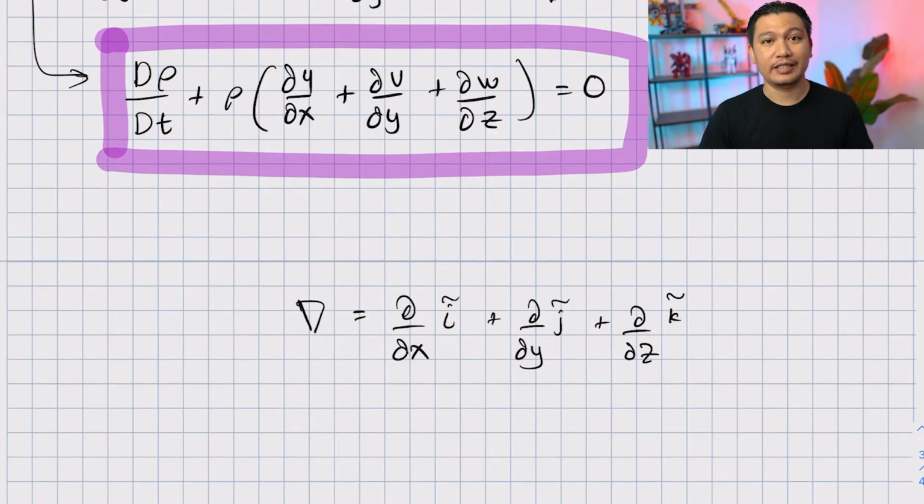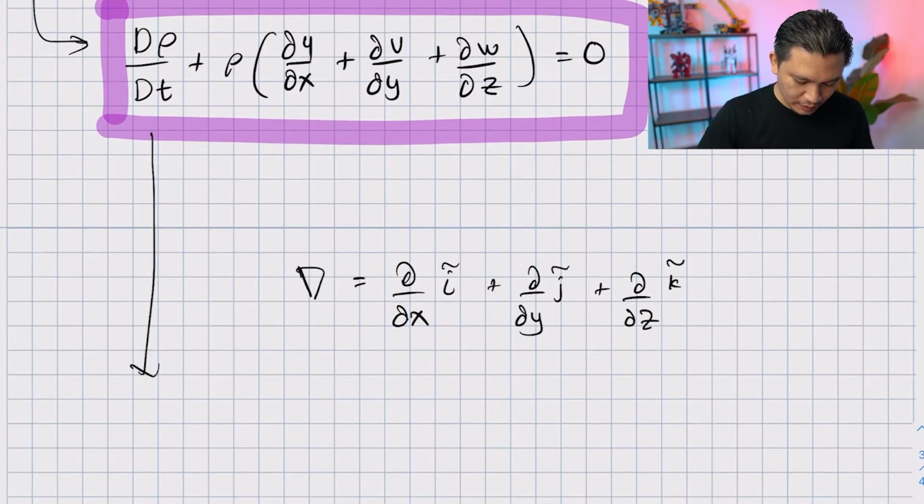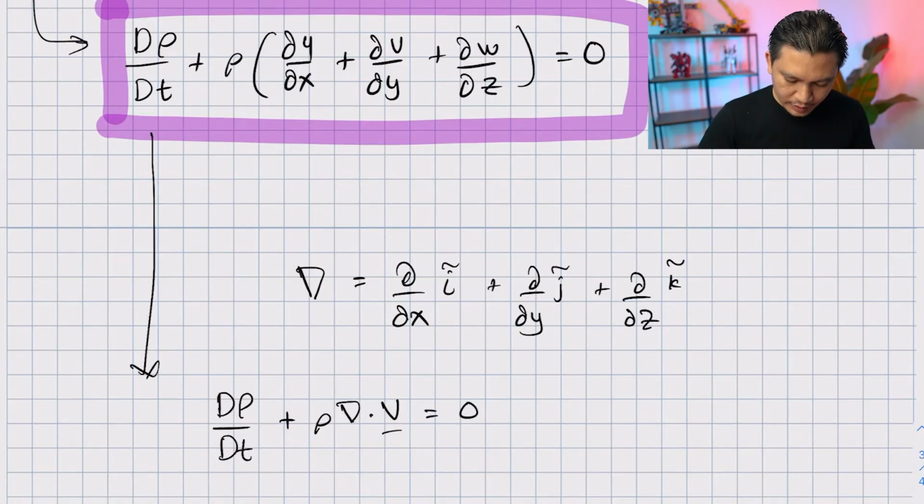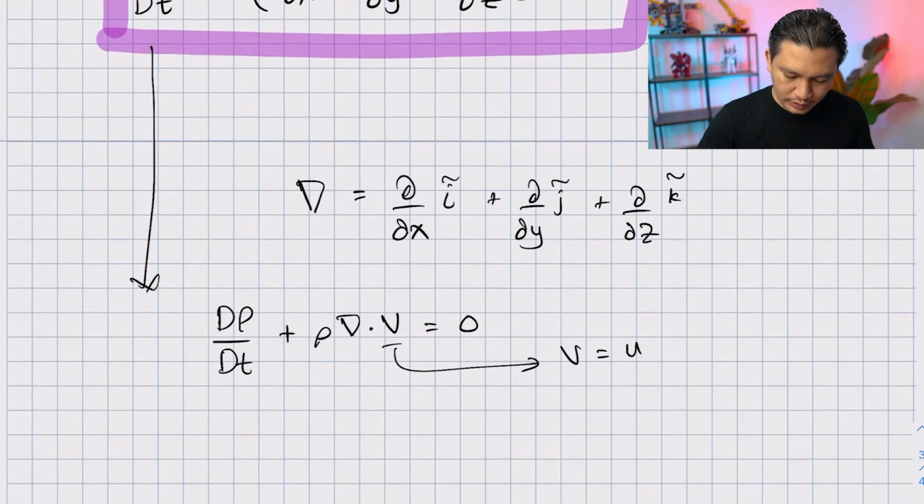So ijk, this is the vector form. Okay, and we can simplify this by writing D rho over Dt plus rho times del dot v equal to 0. And v here is u in x direction plus v in y direction plus w in z direction.